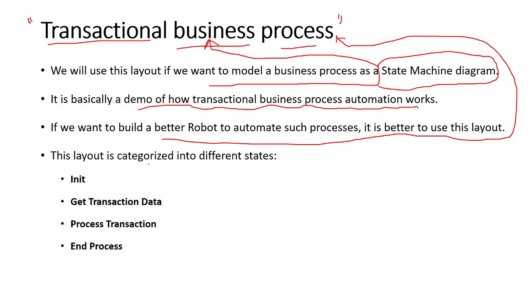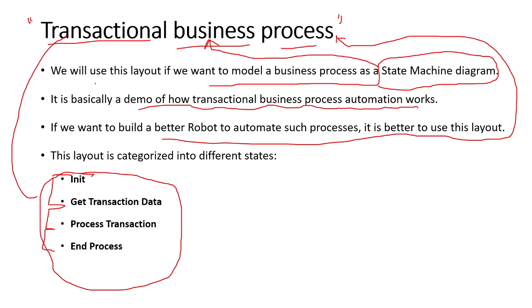So usually this layout will consist of states like init state, get transaction data, process transaction state, and end process. So these are the states that you will get when you choose the layout called transactional business process. Since you have an idea of Java, I hope you have learned about applet. Whenever you create an applet, a life cycle of the applet gets created. Or to make it simple, even if you have not learned about applet, you are familiar with Java objects, right?